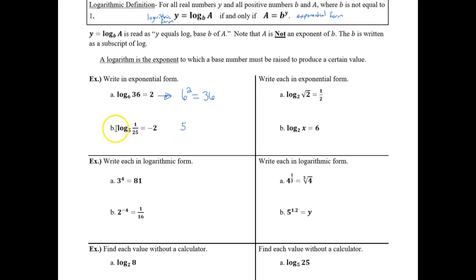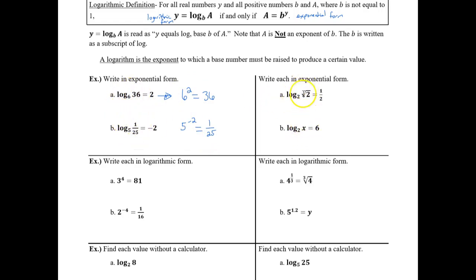Logs equal exponents, so this entire log equals the exponent. The exponent is -2. It equals the only number I haven't used, 1 over 25. Again, this makes sense. The negative exponent takes the reciprocal, and 5 squared is 25. So this is the exponential form of that logarithmic statement.